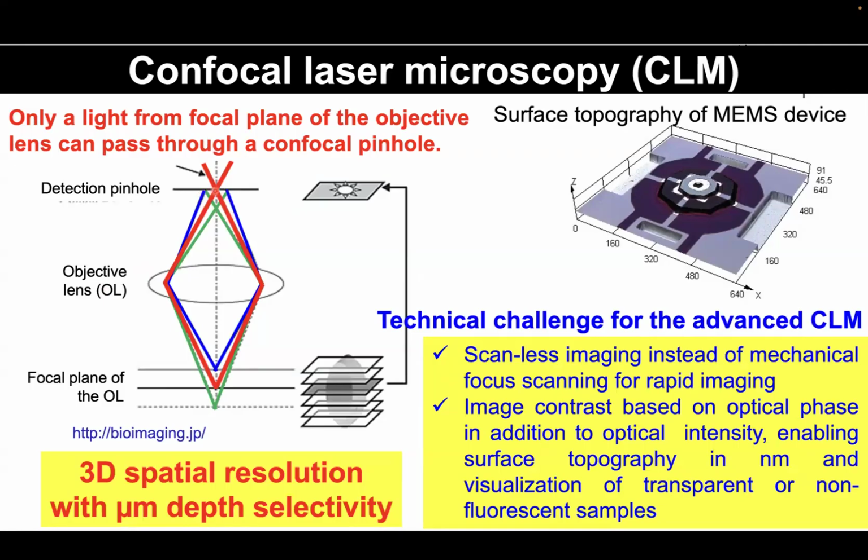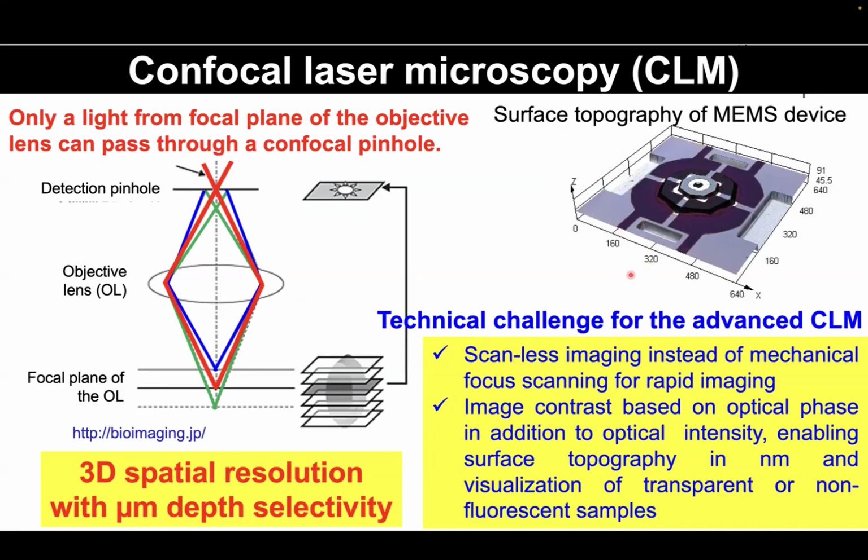This results in 3D spatial resolution with micrometer depth selectivity. If the focal spot is mechanically scanned, the optical sectioning 2D image and the 3D image can be obtained like here.